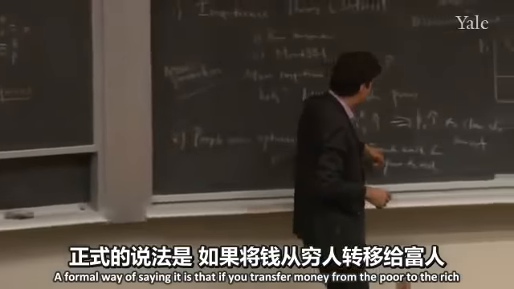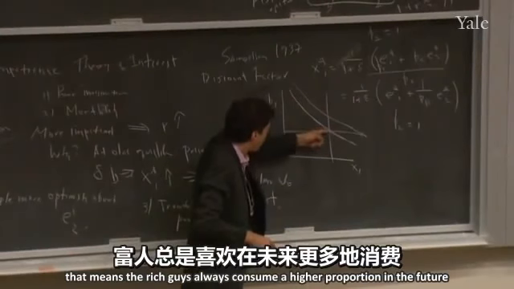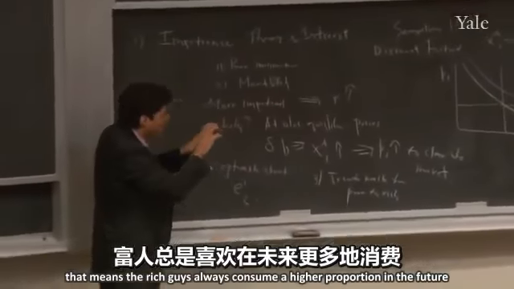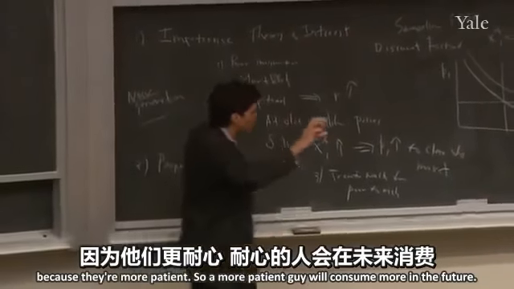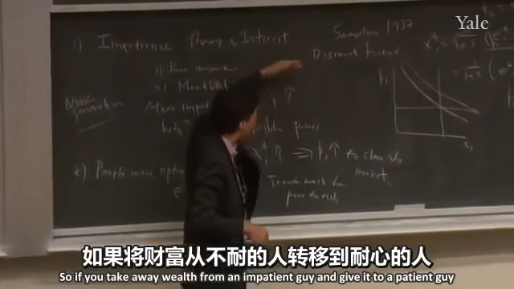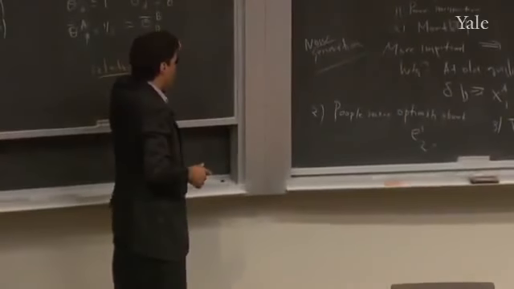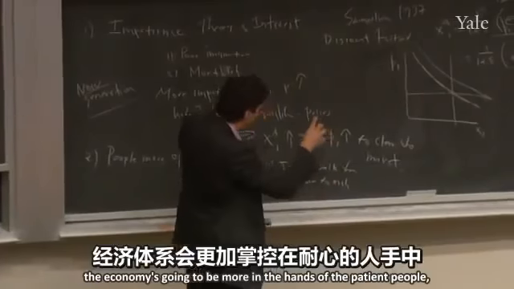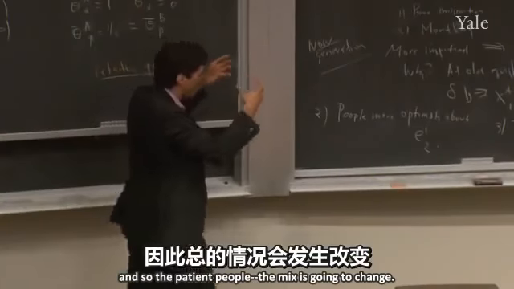Or a formal way of saying it is that the rich guys always consume a higher proportion in the future because they're more patient. So a more patient guy will consume more in the future. So if you take away wealth from an impatient guy and give it to a patient guy, the economy is going to be more in the hands of the patient people, and so the mix is going to change.